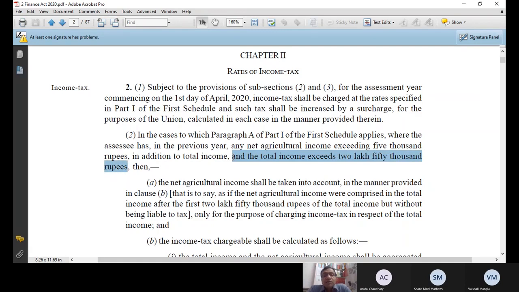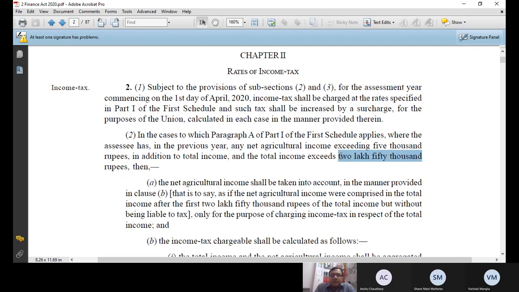Because it is talking about those individuals whose tax slab does not exceed 2,50,000. I will read 2,50,000 as 3 lakh rupees when it talks about a resident senior citizen. I will read this 2,50,000 as 5 lakh rupees when it talks about a resident super senior citizen. So this 2,50,000 is not fixed. I will show this later on. This 2,50,000 will become 3 lakh or 5 lakh depending upon who the assessee is.